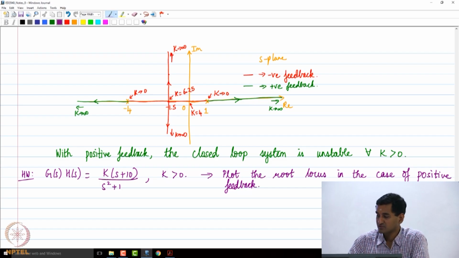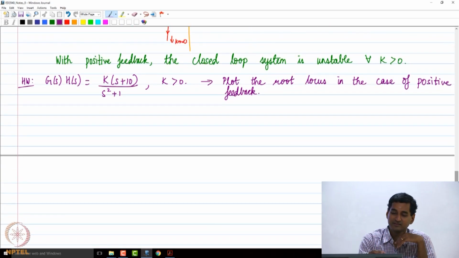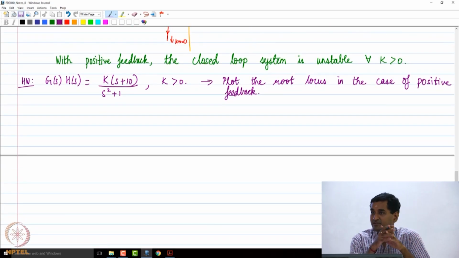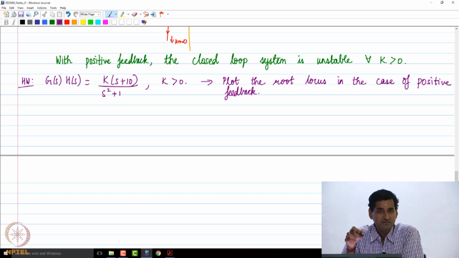That's an exercise. I leave it to your homework. Once again, notice the differences between what happens when we have negative feedback and positive feedback in this example also. That's something which you have to do as an exercise. Is it clear? Any questions on this?